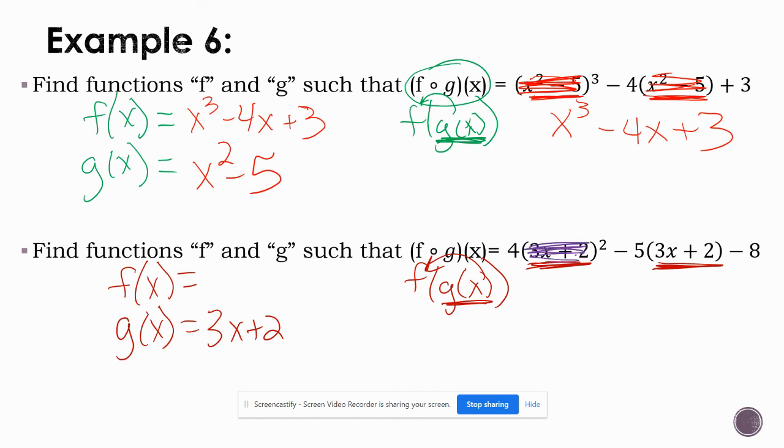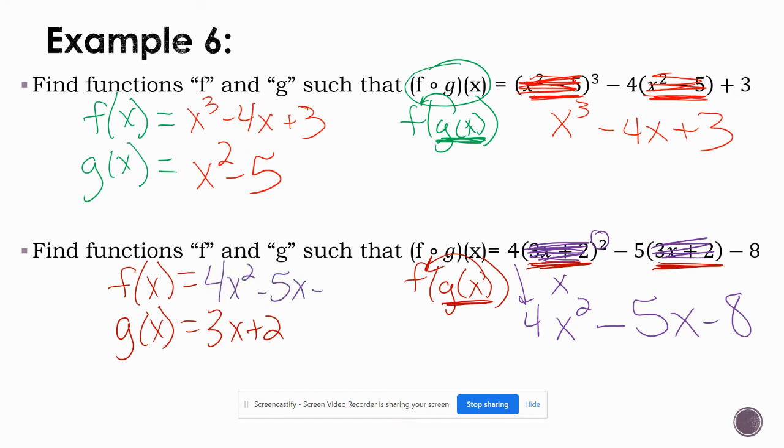So if I take that out and make that x, I have a 4, an x, and a squared minus 5. That goes back to x, and then minus 8. So our f function was 4x squared minus 5x minus 8.